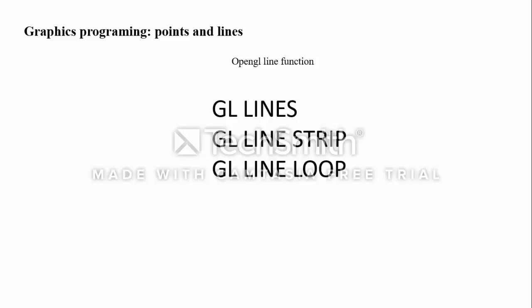There are 3 symbolic constants in OpenGL that we can use to specify how a list of endpoint positions should be connected to form a set of straight line segments. They are GL_LINES, GL_LINE_STRIP, and GL_LINE_LOOP.